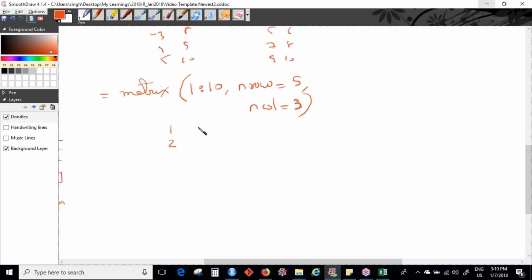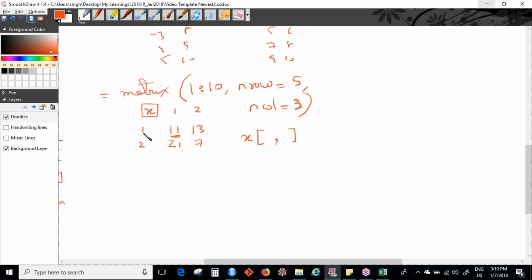So let's say you have a matrix like this: 11, 21, 13, and 7. This is row number 1, this is row number 2, this is column number 1, this is column number 2, and let's say the matrix is x. So how will you get 11 out of it? You just write x, with the same square brackets that you use for indexing, but since you are in 2 dimensions now, you will have to give 2 inputs separated by comma.